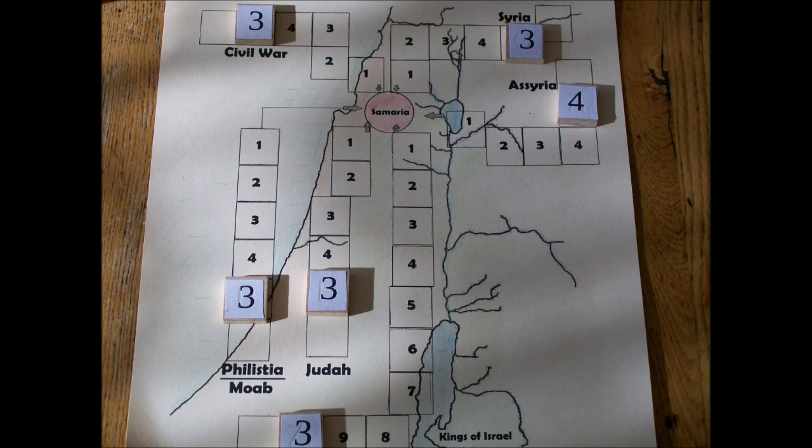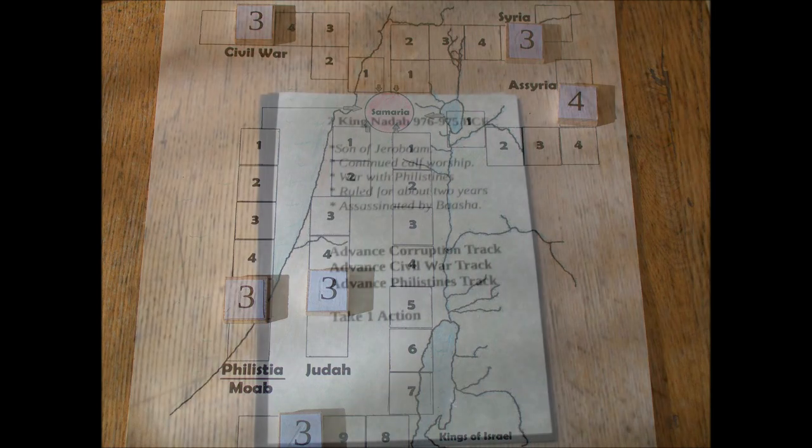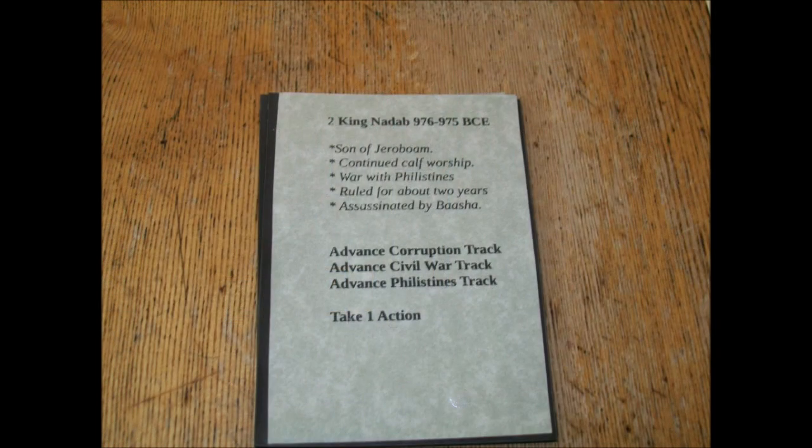The next king was King Nadab. He was the son of his predecessor, Jeroboam, and he continued with the calf worship for the northern kingdom. And he had a few problems. He had war with the Philistines, and he really only lasted about 2 years as king because he was assassinated by Baasha.